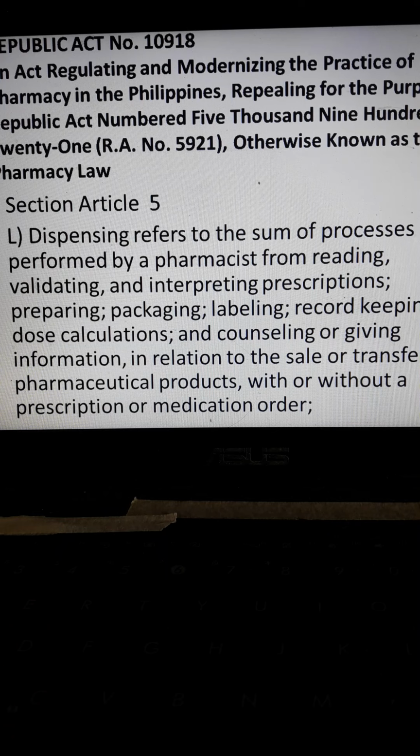It is defined in RA 10918 that dispensing refers to the process by which a pharmacist reads, validates, interprets prescriptions, prepares, packages, labels, keeps records, does calculations, and counsels, giving information in relation to the pharmaceutical products with or without the prescription or medication order. So based on that law, we are the authorized persons to dispense. Even in the manufacturing process, there is dispensing: the preparing and the compounding are part of the dispensing process.